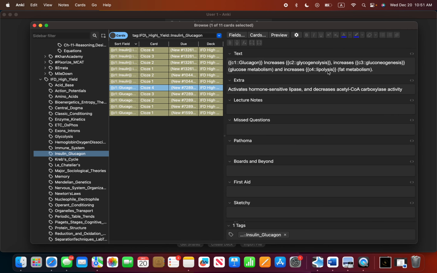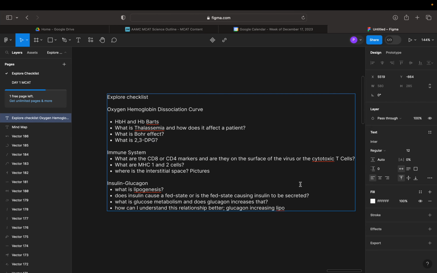It is breaking down fat. So is it also breaking down glycogen, right? Increasing glucagon, increasing lipolysis and glycogenolysis.